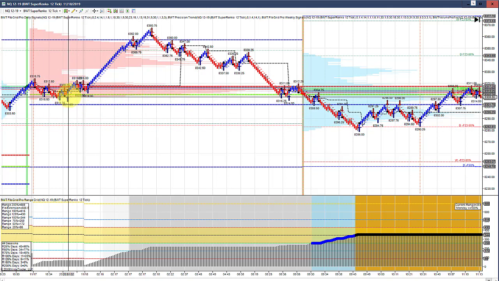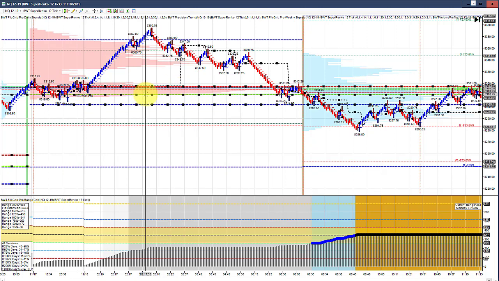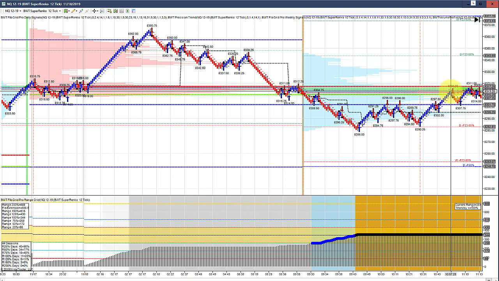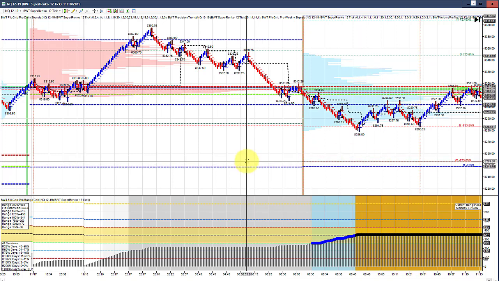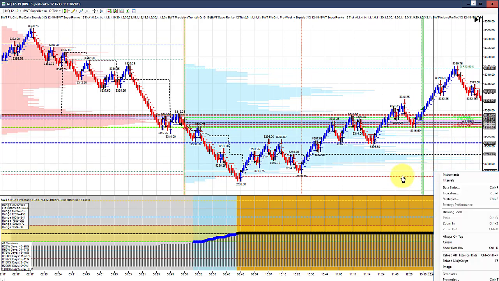This overnight area of high volume at the 83.15 area, this was support in the night session here, and then it became resistance in the day session, and then finally broke through this resistance, but not till the last 2 or 3 hours of trading. So the second part of the day, it finally tested this area. The first test was rejected, and then it kind of broke through and went up here.